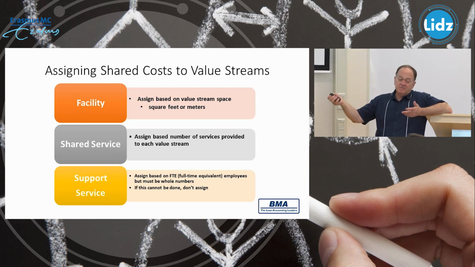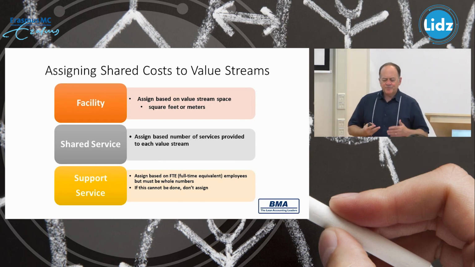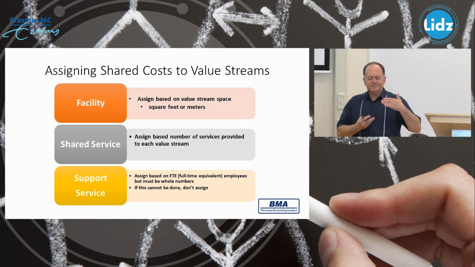Shared services, maybe, assign in. But support, again, don't get into what's the driver of this activity, because all these costs are fixed. And once you create a rate, you make it variable.